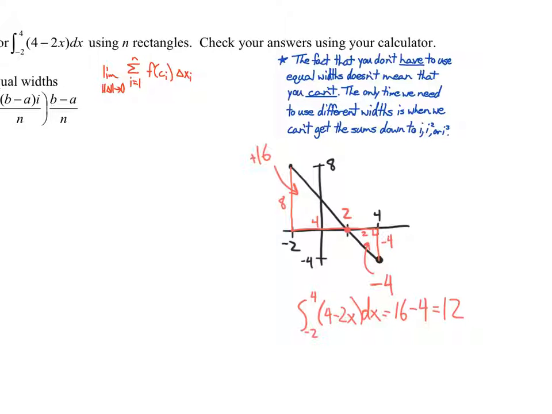So here we have a net area of 12. That will have specific applications, especially if this were a velocity function. This means we traveled in the positive direction 16 and the negative direction 4, so we ended up 12 units away from where we started. That's how we'll apply this eventually.